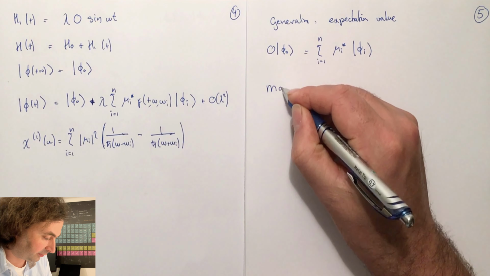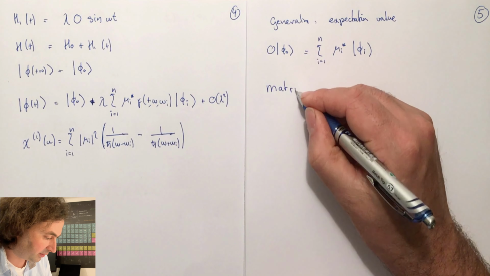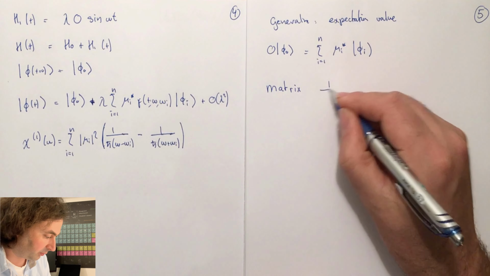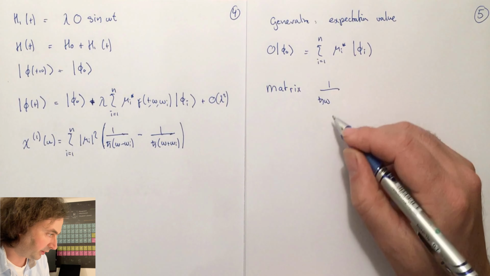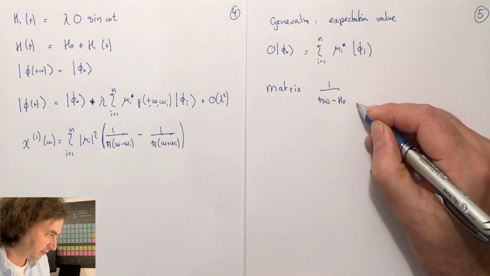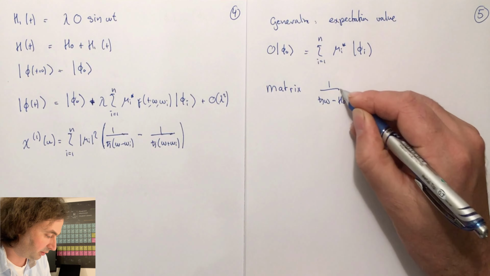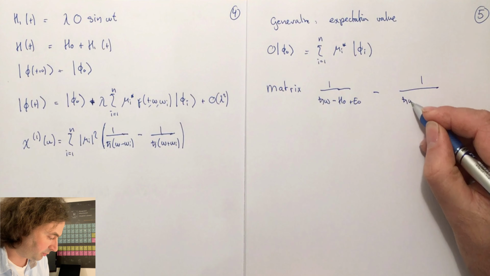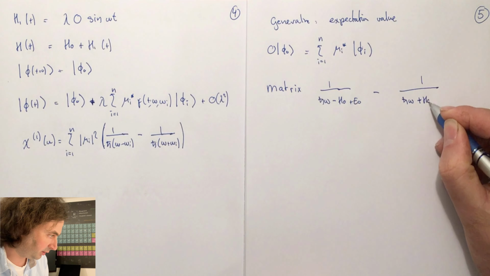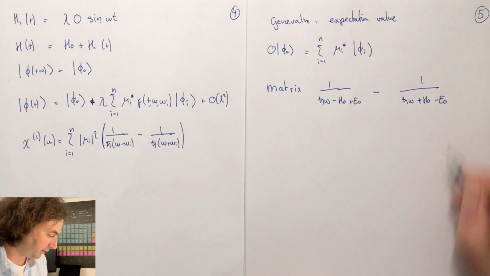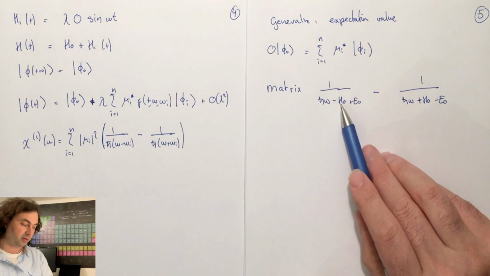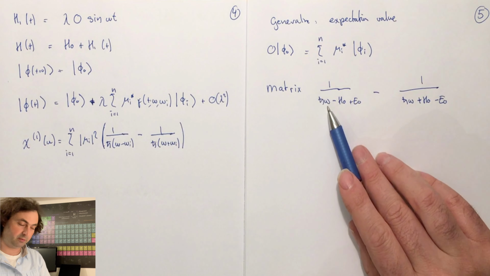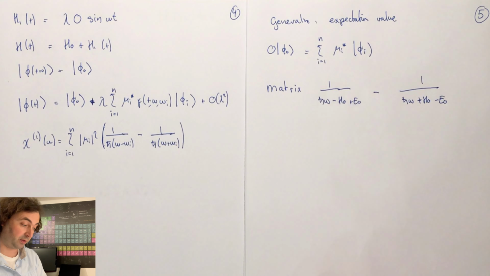And for that we can have a look at the following matrix, given by 1 over h bar omega minus H0 plus E0, minus 1 over h bar omega plus H0 minus E0. Now of course this is a number and that a matrix; what I mean with such a number is an identity matrix times that number.